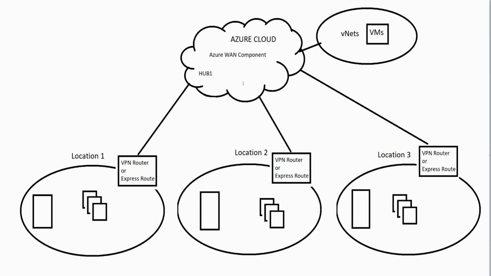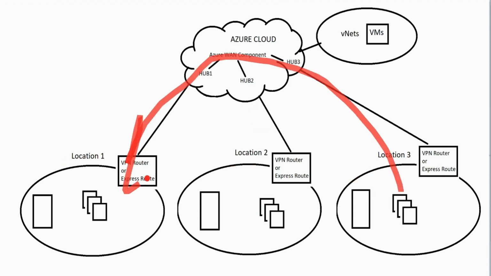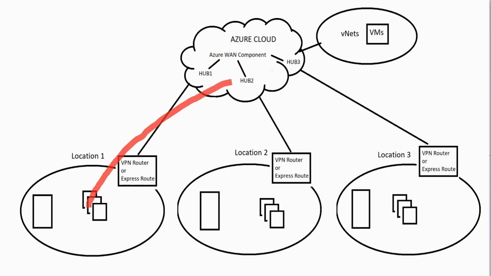So I can have hub 1, hub 2, hub 3, and all of that is linked to this WAN component. From there, these hubs allow traffic to pass. So traffic from location 1 can travel over to location 2, over to location 3, and vice versa. And not only that, it can also communicate with your VNets out there.